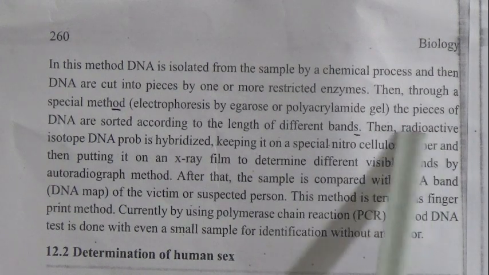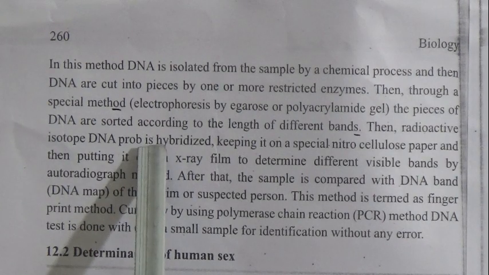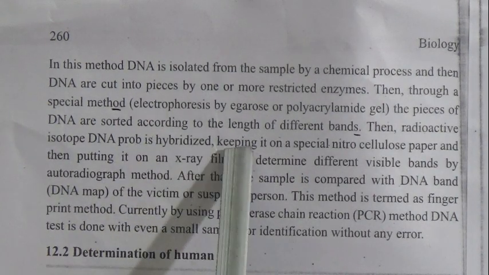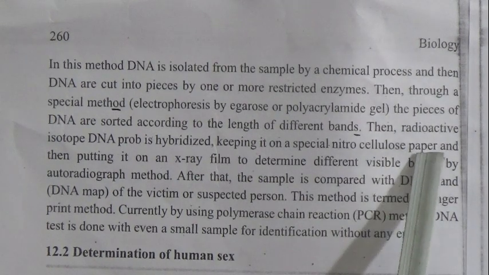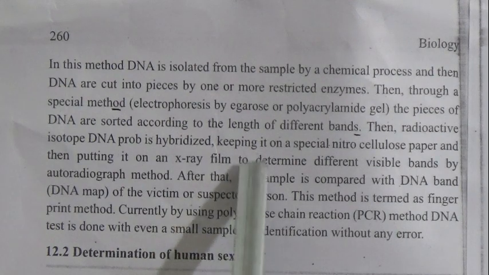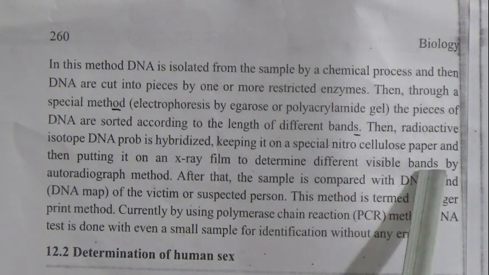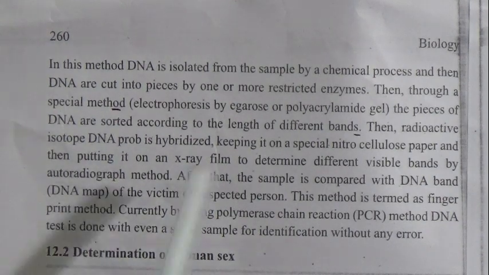Then radioactive isotope DNA is hybridized, keeping it on a special cellulose paper and then putting it on an X-ray film to determine different visible bands by the autoradiograph method.